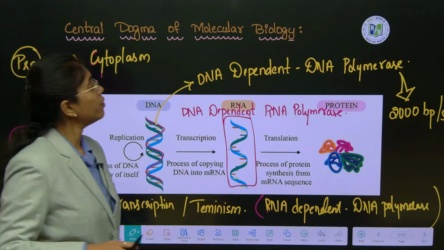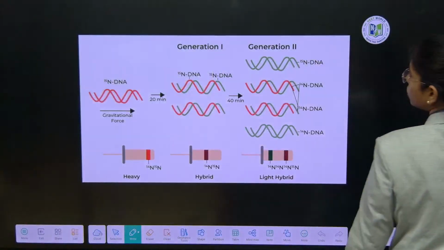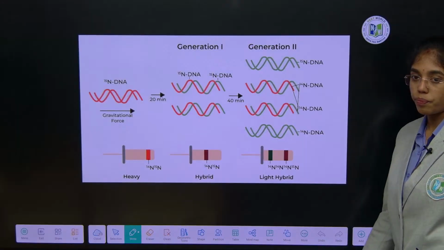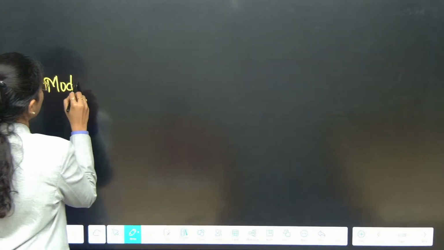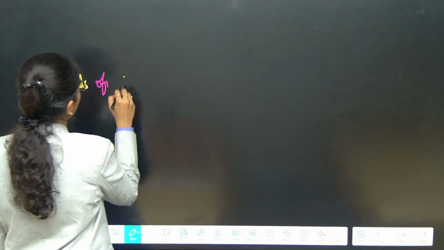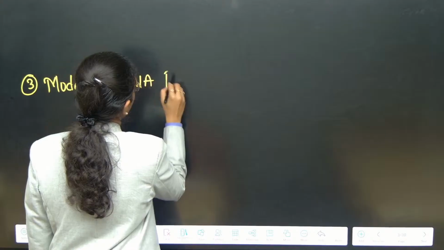Now we will move on to the first foremost step, that is replication. Before getting into the replication, you should be clear on 3 models of replication. We have 3 models. What are they? 3 models of DNA replication.